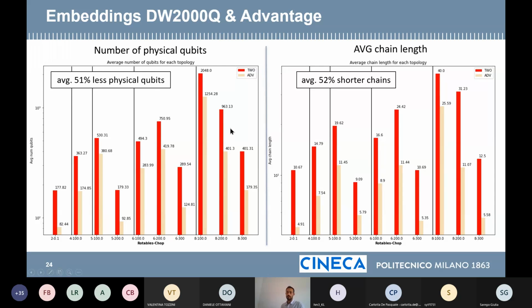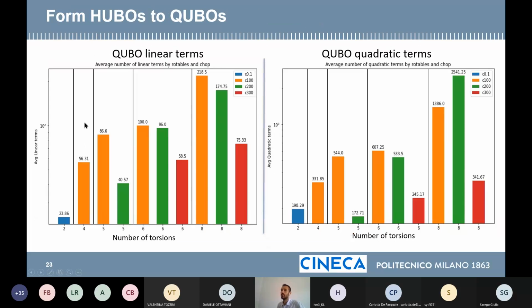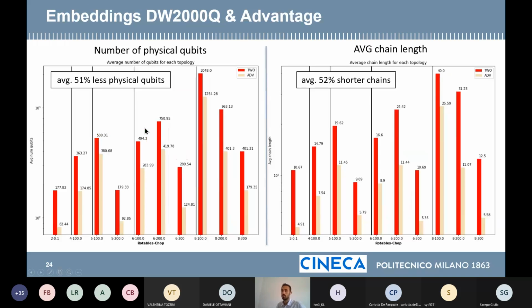The idea now is to embed the problem into the D-Wave machine and see what the D-Wave can do for this optimization problem. So this is the embedding. As you can see here, we go from, for example in this case, a number of logical variables in the QUBO to basically 82.